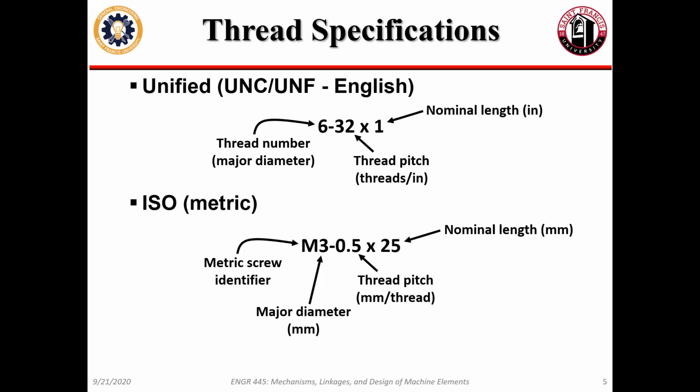In fact, the 25 means that the whole thing's 25 millimeters long, which actually, this one's 30 millimeters long. As opposed to an English definition where the 6-32 by 1 screw is 1 inch long. That's again from underneath the head to the end of the bolt. Cool beans. These are just 2 thread standards.